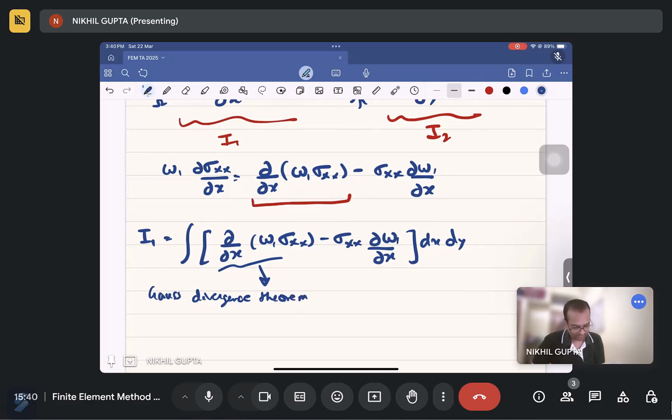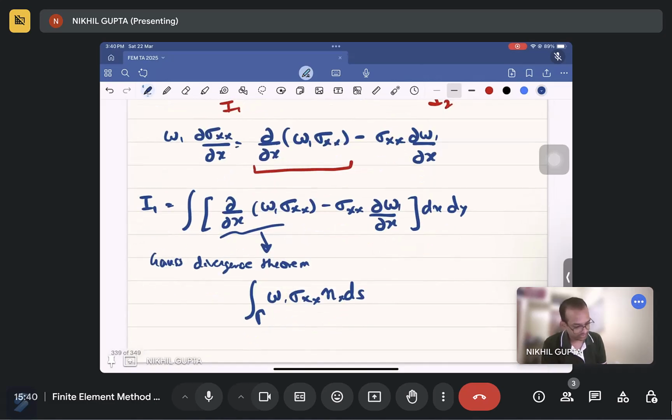So with that we can represent it as the surface integral of W1 sigma xx nx ds. This is the Gauss divergence theorem to convert the volume integral to a surface integral.